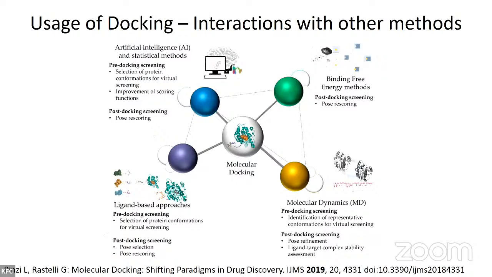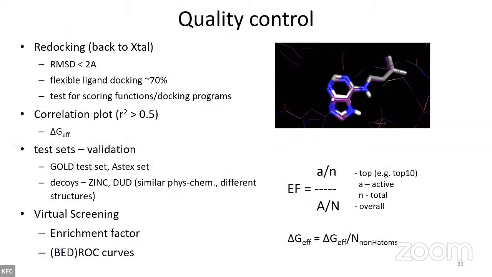And you can combine it with other methods, like artificial intelligence or molecular dynamics simulations or some ligand-based approaches. But I'm running out of time, so I'll just quickly skip to the next slide about quality control.